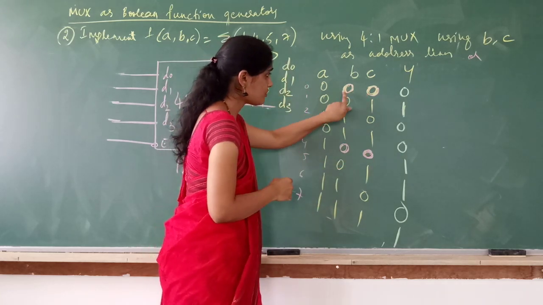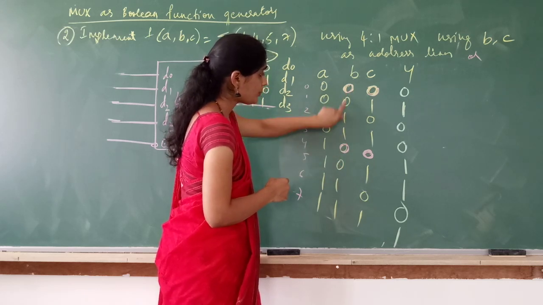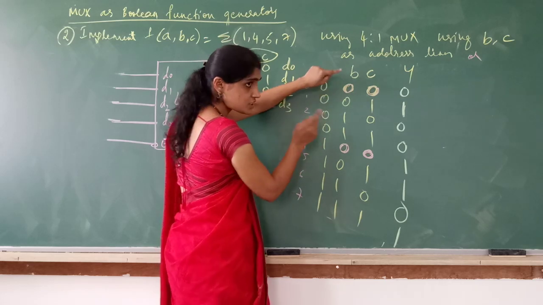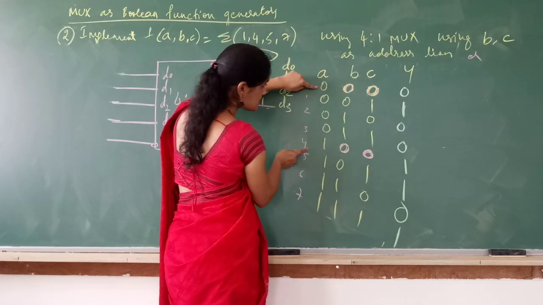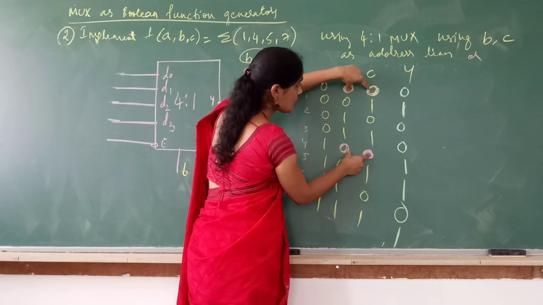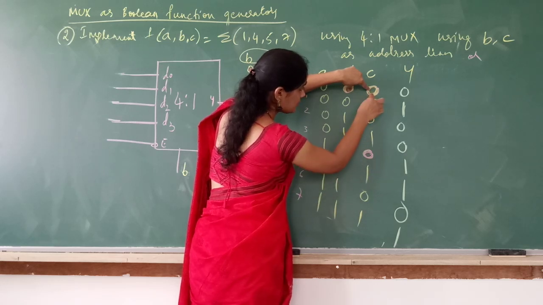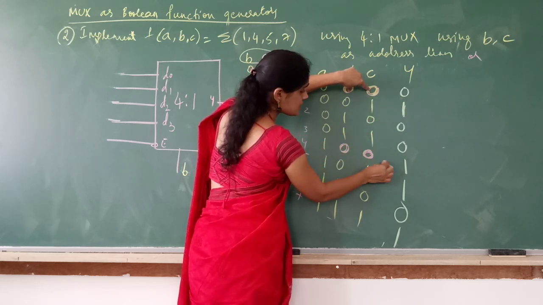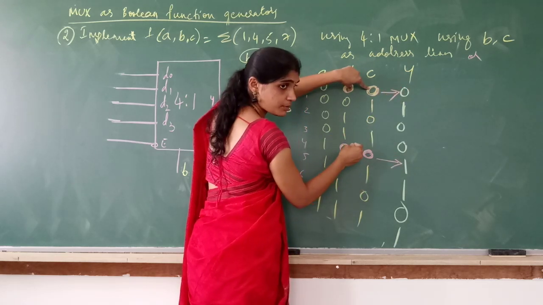BC is 0 0 for this combination and this combination. So now look at the output variable for these two. Just concentrate on BC 0 0, that is 0 comma 4. Output is taking 1 for this combination and 0 for this combination.